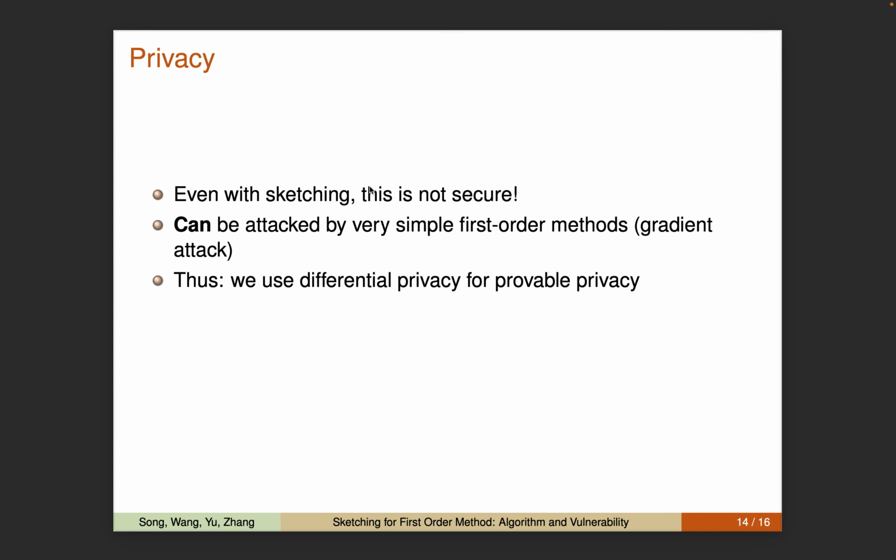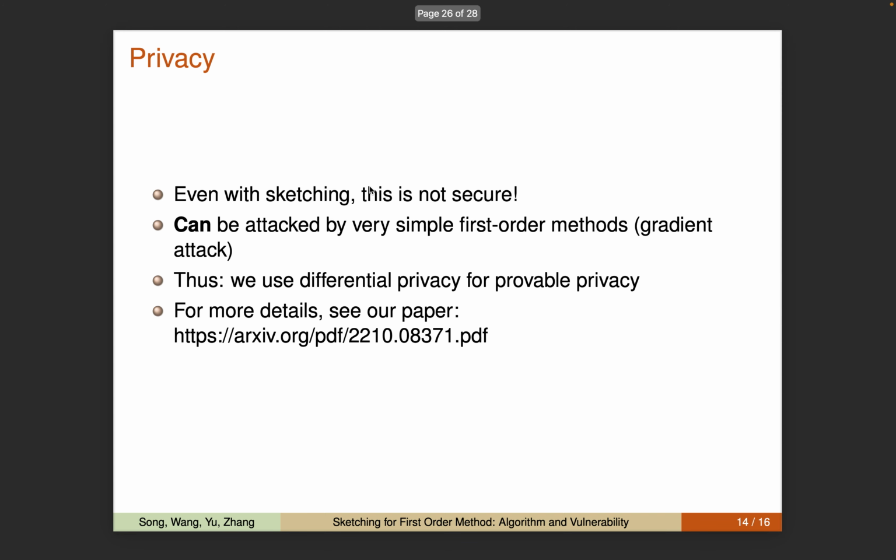We show that under mild assumptions on the loss functions, an attacker can recover the private local data just using gradient descent. So in order to protect the privacy, we need to use tools from differential privacy for provable guarantees. For more details, please see our paper.